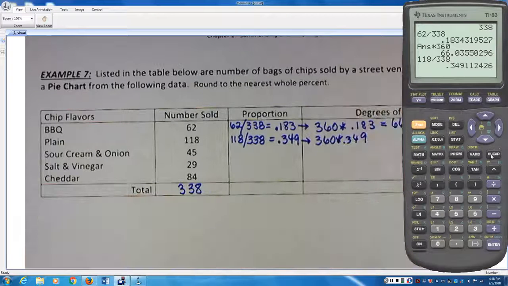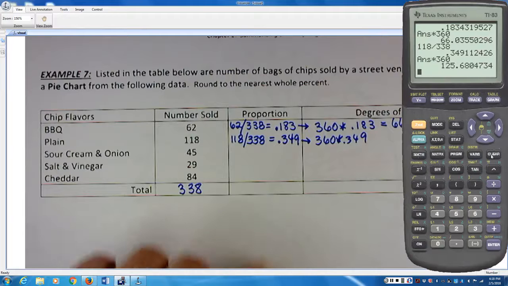So I'm going to multiply that times 360. And I'm going to call that 126 degrees.